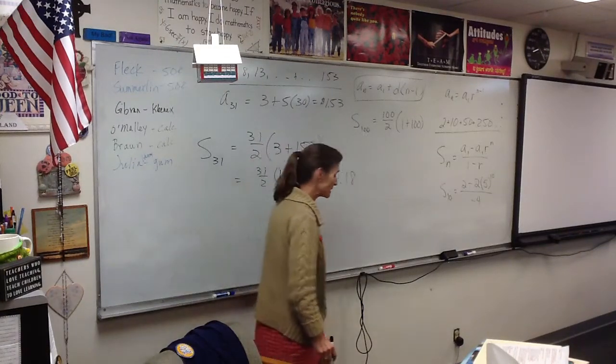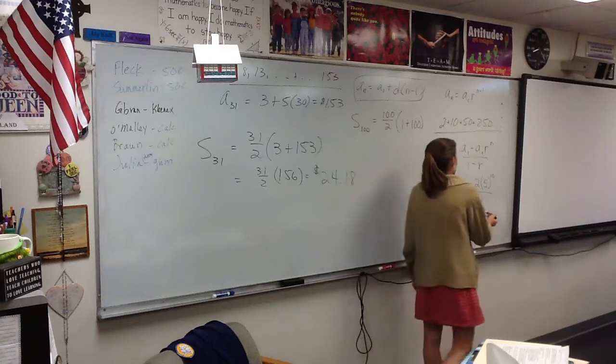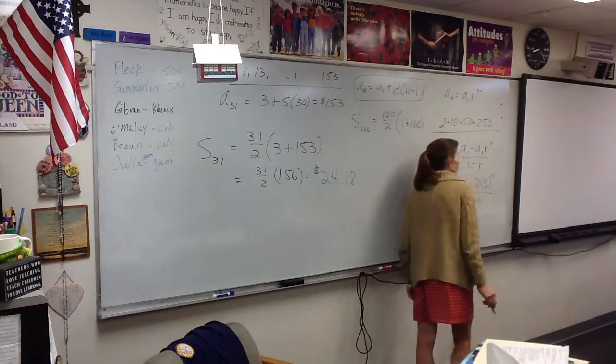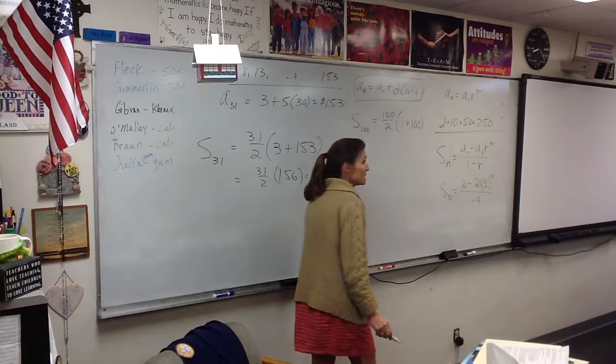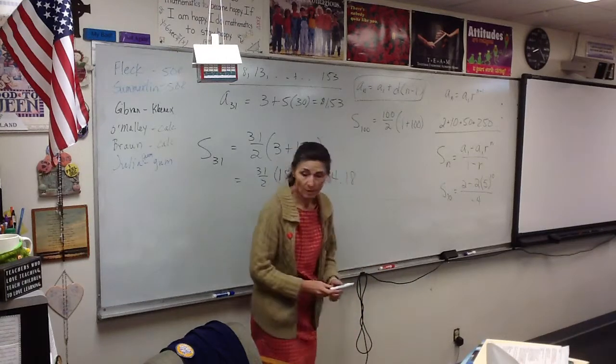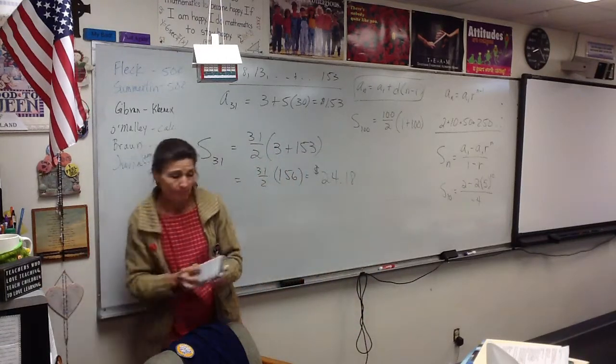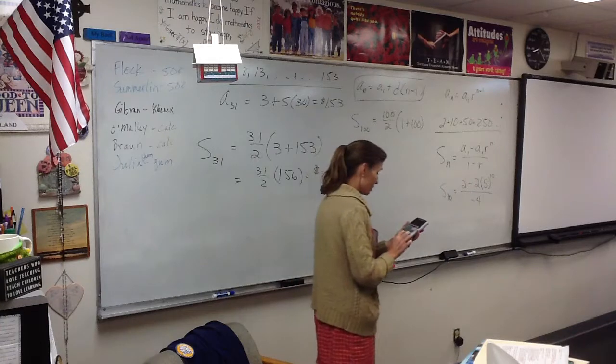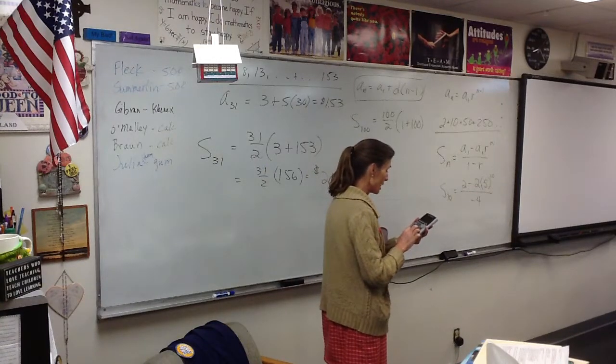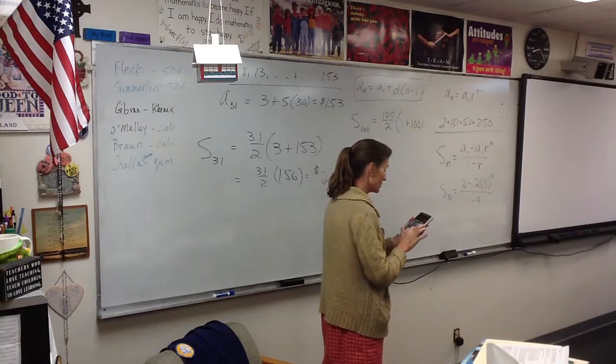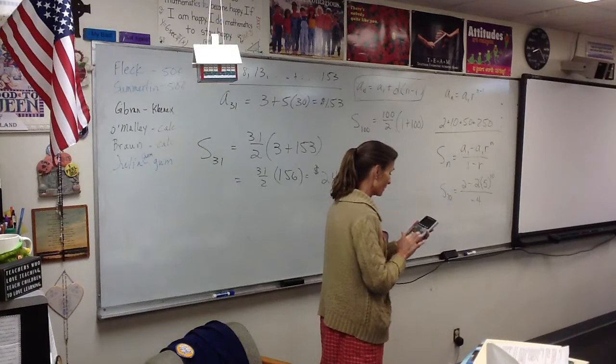Now, when I type this in on my calculator, I can type it in exactly as I wrote it, but I have to hit equals at the end of the numerator. So I type 2 minus 2 times 5 to the 10th, and then equals, divided by -4.